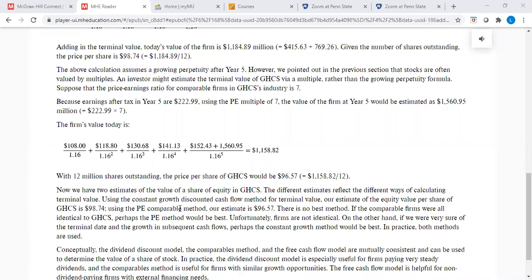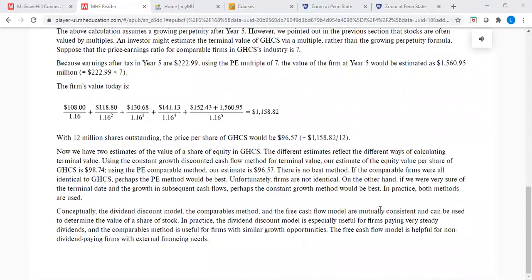Using the PE comparable method, 96.57. There is no best method. We just need to be familiar with both. Okay, so that's what we're trying to get across here. So in your practice, you may need to do both. You need to be familiar with both.